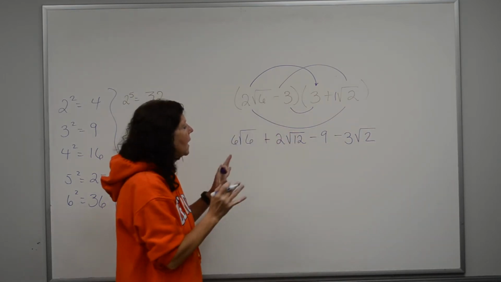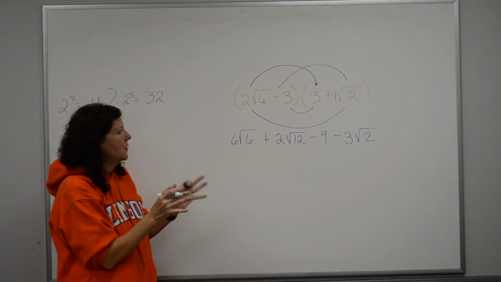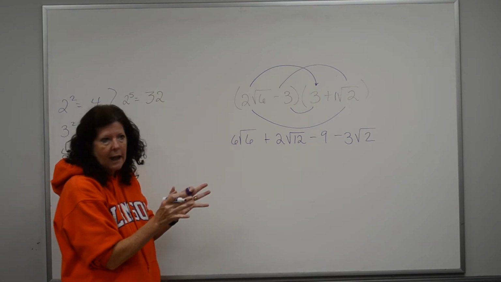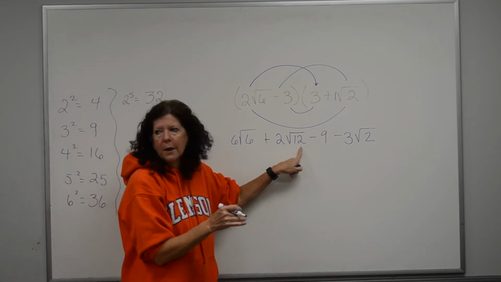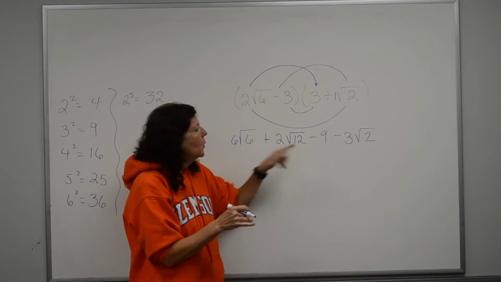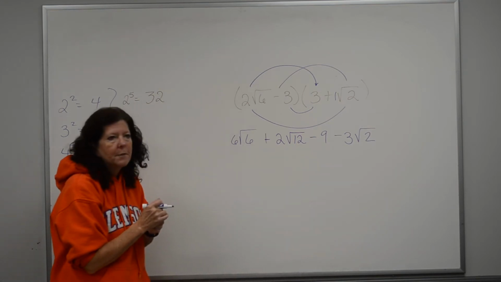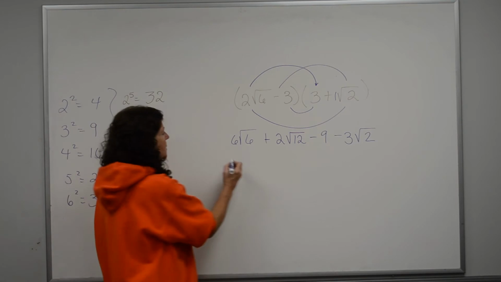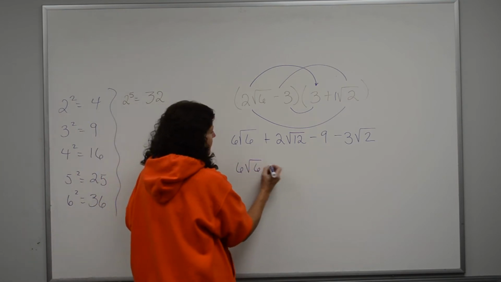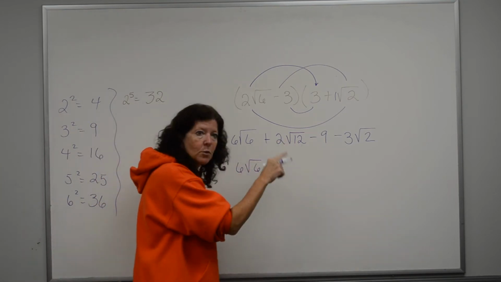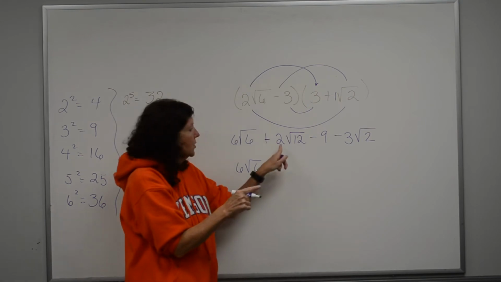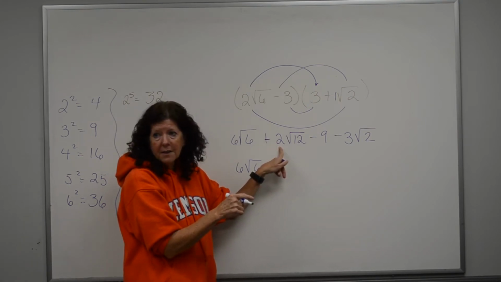Okay? Now, then I'm required to break down if I can break anything down. The only thing that can be broken down is that 12. So what can I multiply together to get the 12? 3 and 4. So I have 6 on the square root of 6 plus, now when I take the square root of 4, I get a 2, which I'm going to multiply by that 2 on the outside.